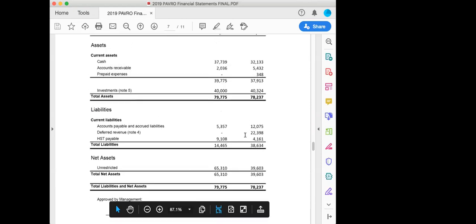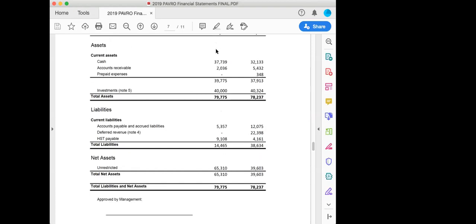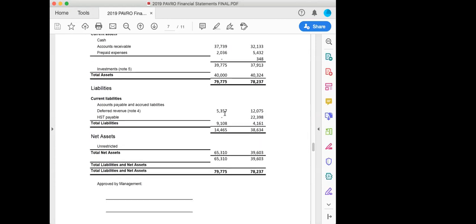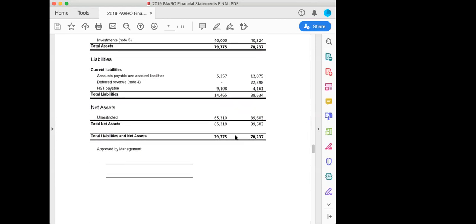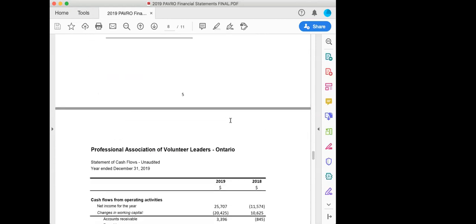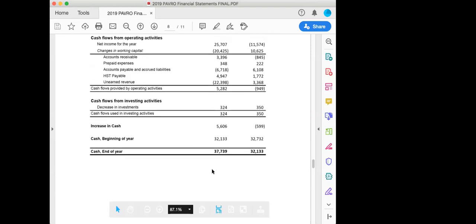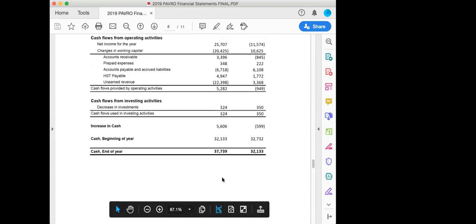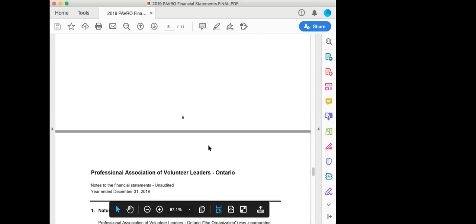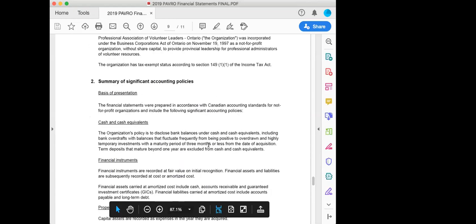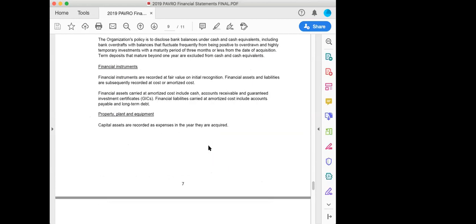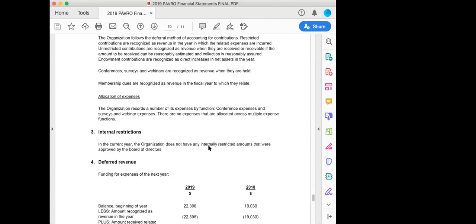This is our financial position. Because of a more profitable year, our cash position is higher, and our net assets are slightly higher than last year. This is a reconciliation of the cash flow statement, $37,000. Then we have the standard notes to the financial statements.